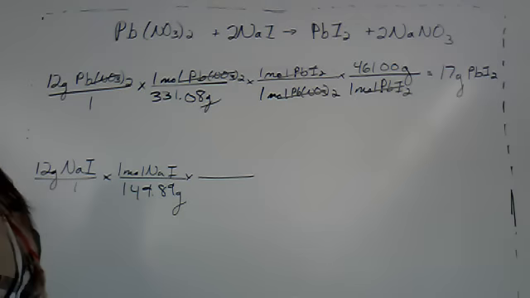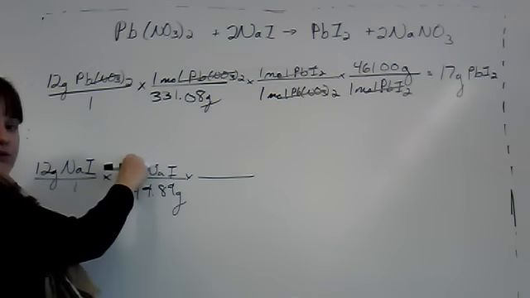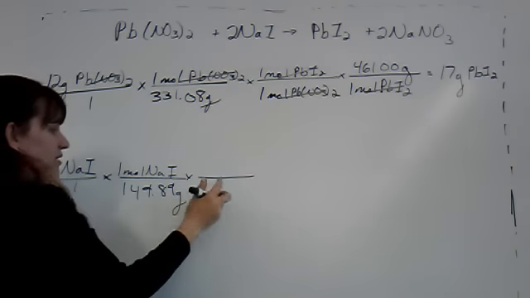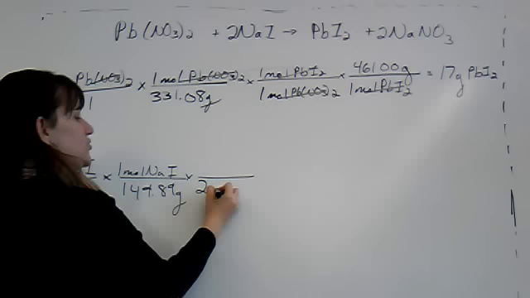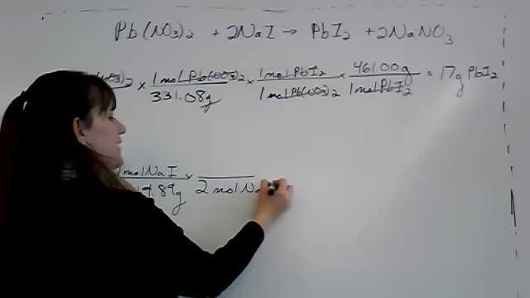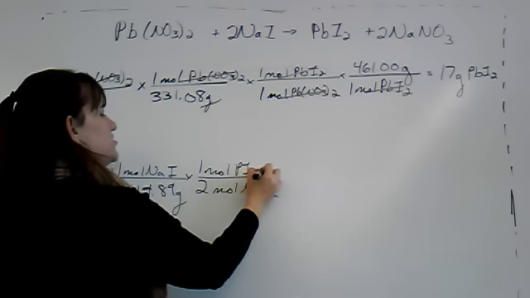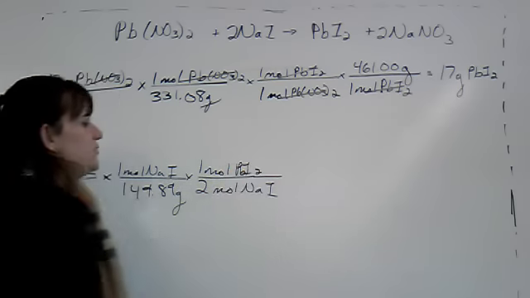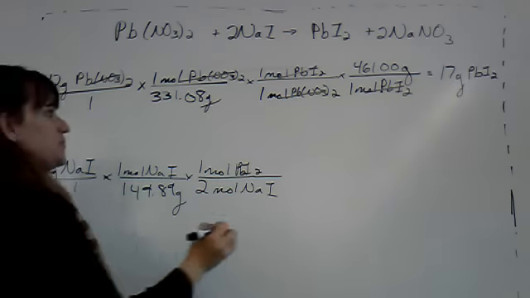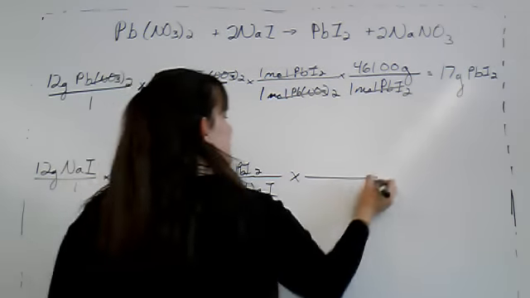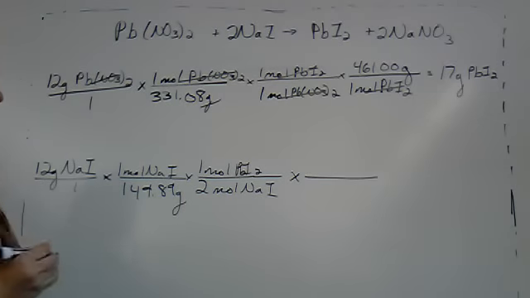Right, now that we're in moles, we can use our mole ratio. Moles of sodium iodide here, so they're going to come down here. For every 2 moles NaI, we have 1 mole PbI2 from the balanced equation. Our last step is our desired units. Again, this is going to be grams.